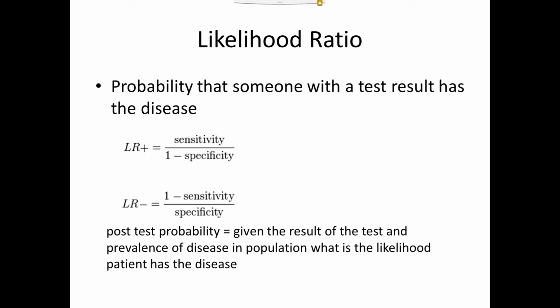And based on the likelihood ratio, you can calculate the probability of having the disease based on the pretest probability, or the known prevalence of the disease in that population.